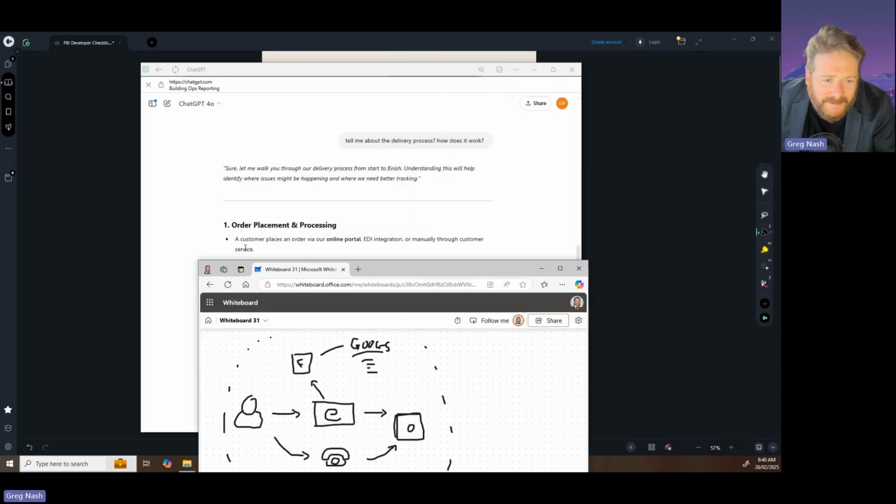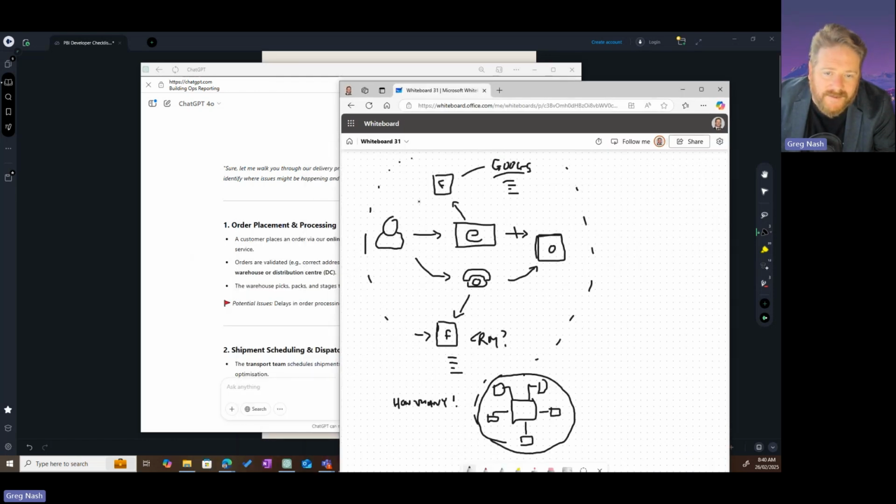That's literally this paragraph. The customer places an order via the online portal. There's EDI integration. EDI integration is where the customer is external and then they send the order directly into your ordering system via EDI, electronic document integration or whatever it stands for.